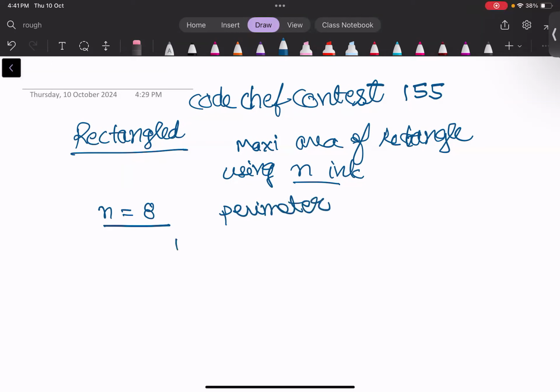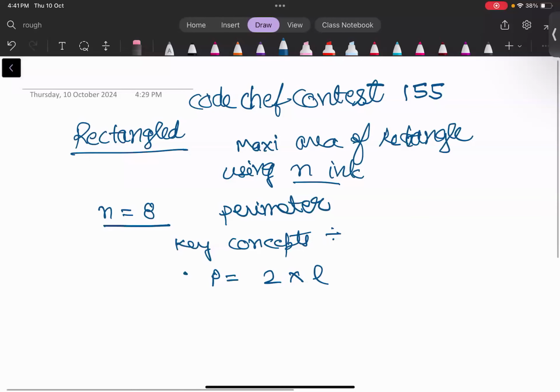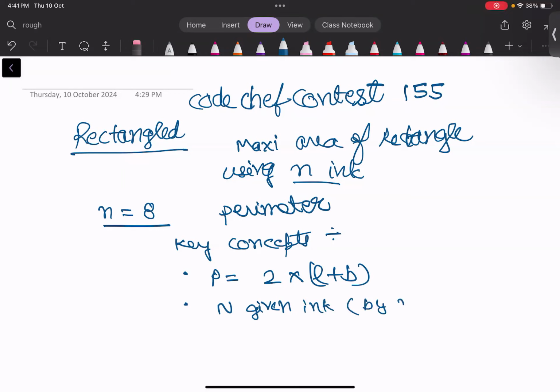Here are three concepts before approaching the question. First, we should know about the perimeter of a rectangle. Perimeter is 2 into length plus breadth. Second, N is the given ink. By using this, we have to make the maximum area rectangle.